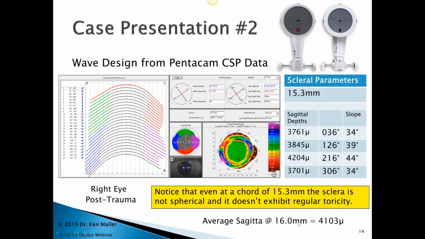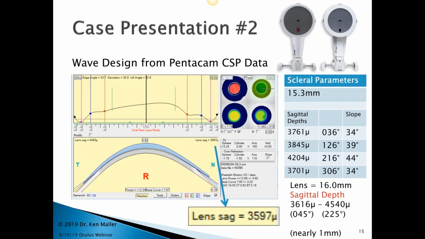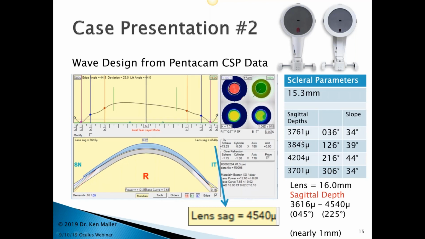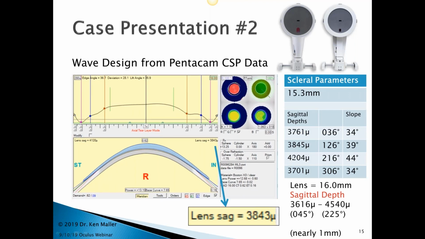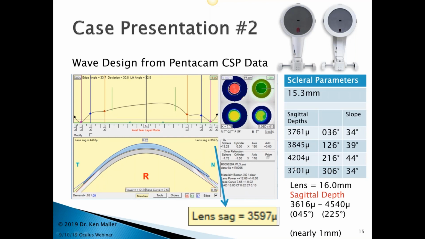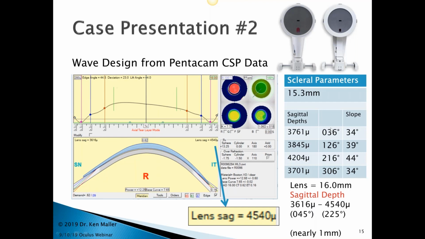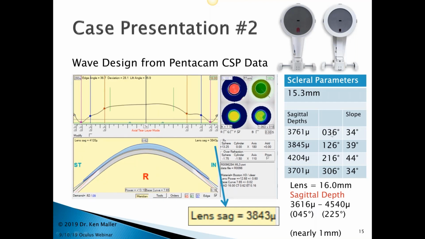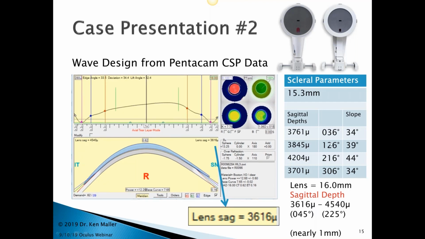Out at 16.0, which is the size of the lens that I used for this gentleman, we had an average sagittal depth of 4103. This was the actual lens that I had designed for him. Once again, I've put up over here the sagittal depths reported by the CSP software, and in the central column the actual semi-meridians it's reporting at.